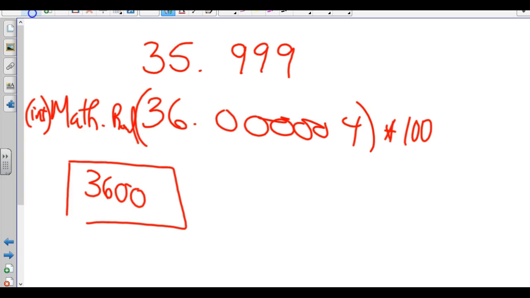But any functions would be done first, and then multiplication. But like I said, it doesn't really matter. The result's going to be the same. It's kind of like order of operations, multiplication being the same level as division. If you do round and then times 100, it's going to be the same as times 100 then round. It's not going to make a difference. It's going to give you the same answer.